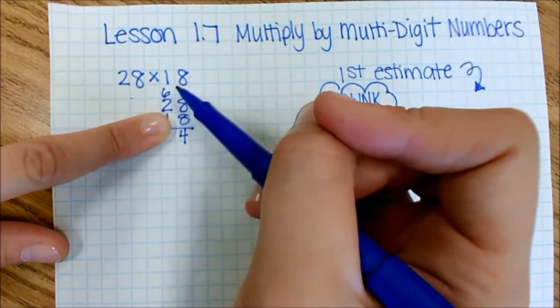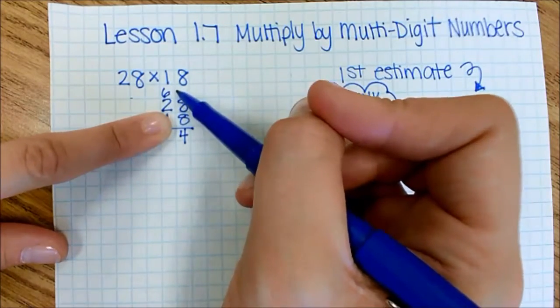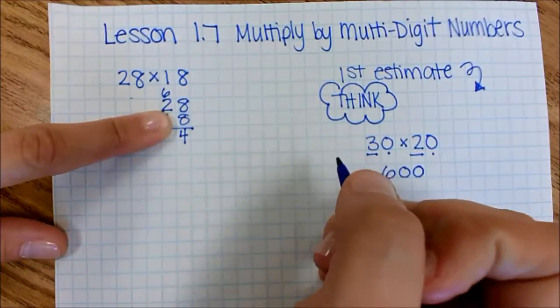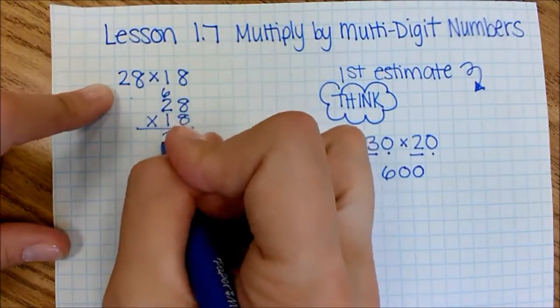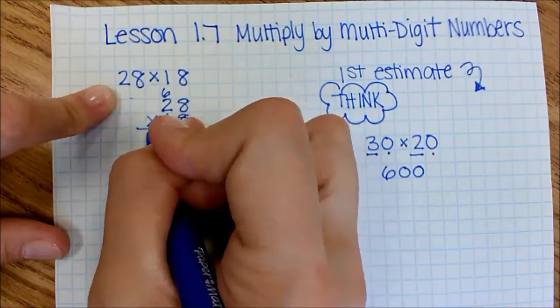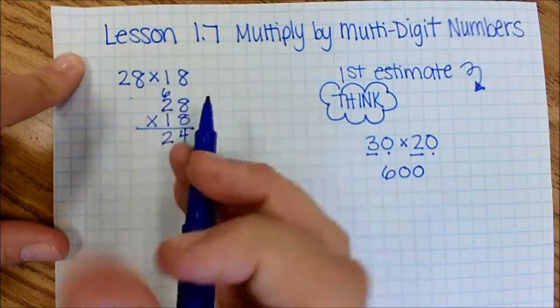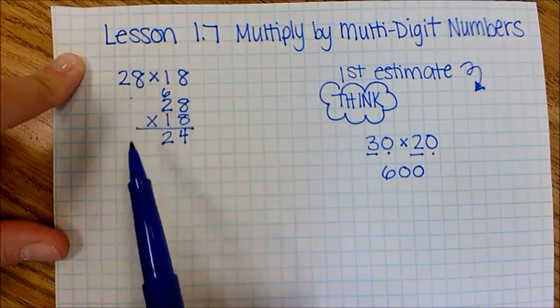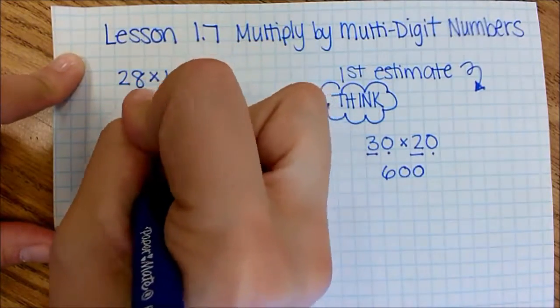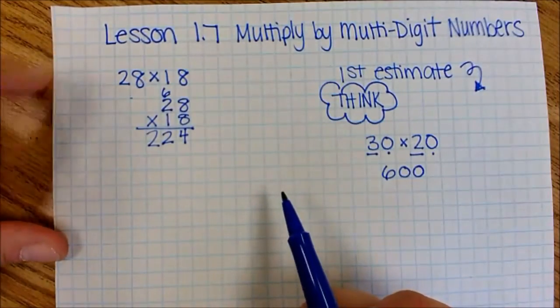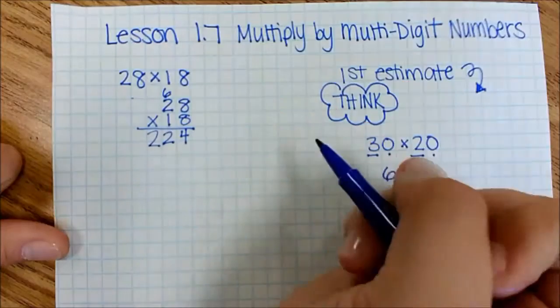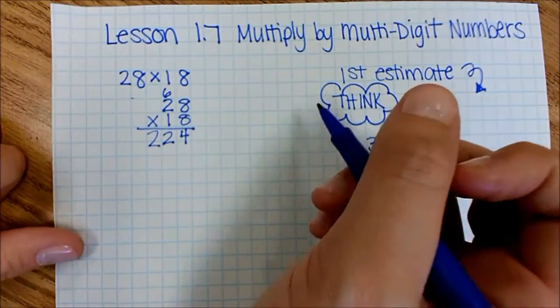And I'm going to add this 6, which I know 16 plus 6 is 22. So I'm going to put my 2 underneath the 10's place value. And since I have no more numbers over here to write my 2 above it, I'm going to put my 2 right next to it. And this becomes 224.